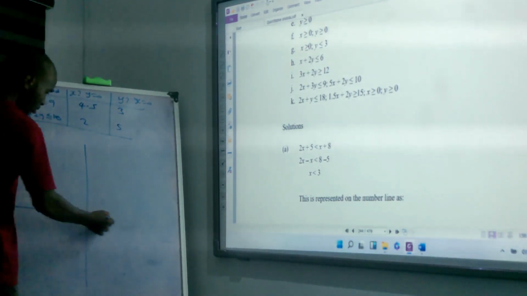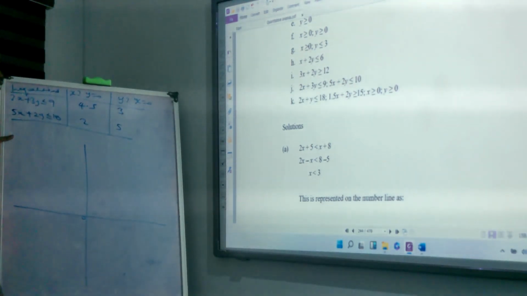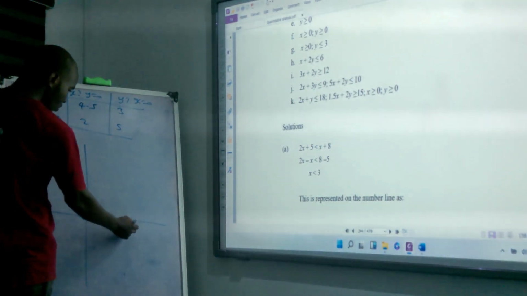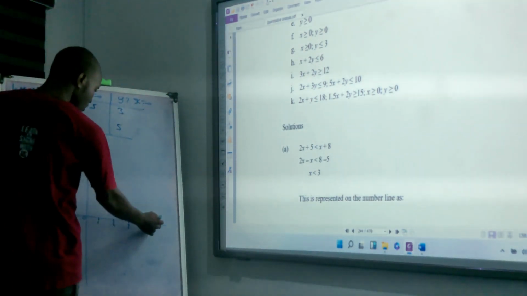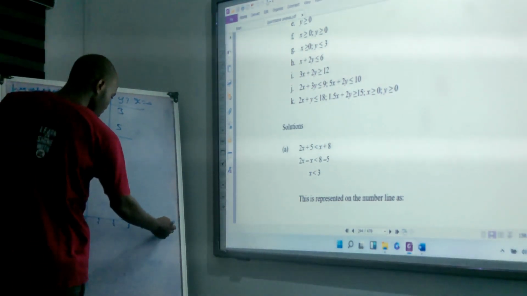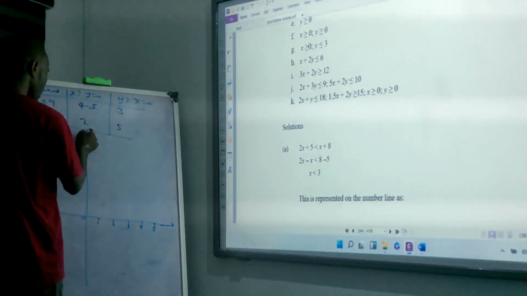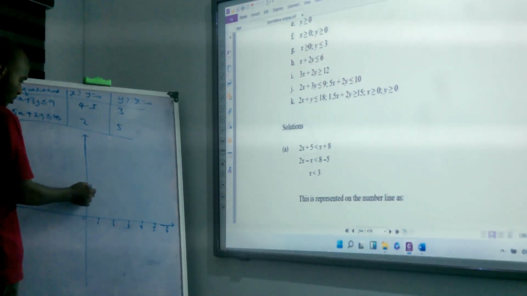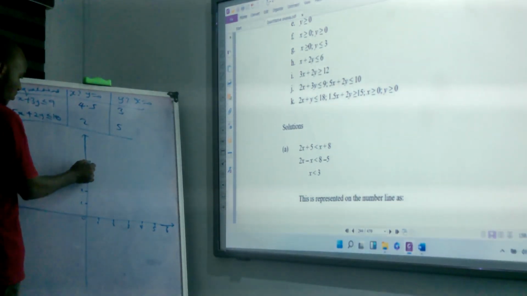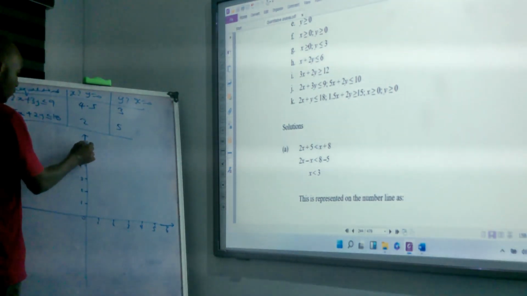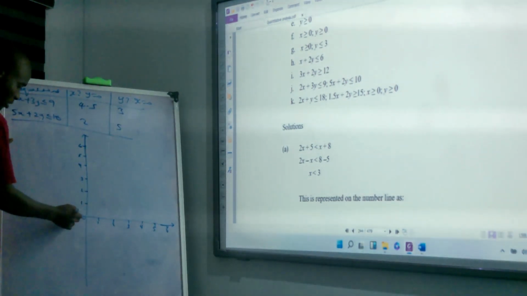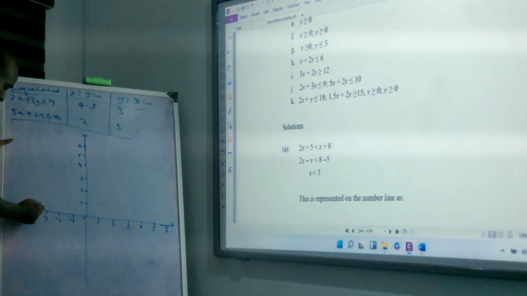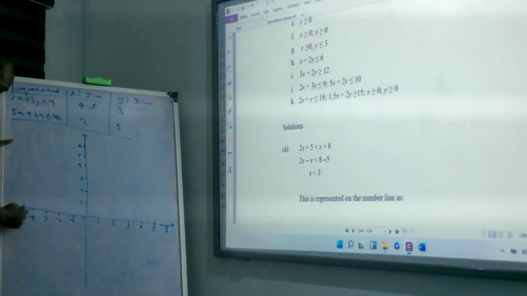Yes, we can. So we have 0 here. Let's say we have 1, 2, 3, 4, 5, then we have 6. Then on the other side we have minus 1, minus 2, minus 3, minus 4, minus 5.